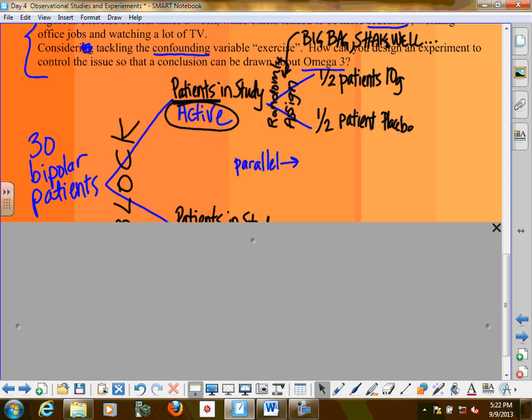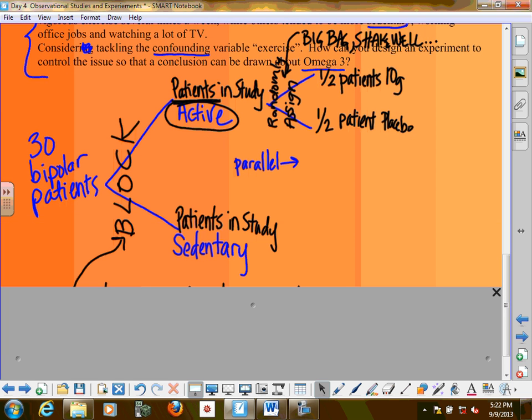All right, so you end up writing the exact same things down here. This is going to be identical. You got random assignment. I'm just going to write this in a different color because it's kind of just a shadow. This sedentary group does identical things as I just wrote up above.